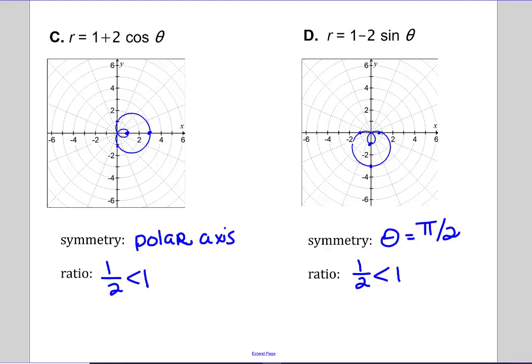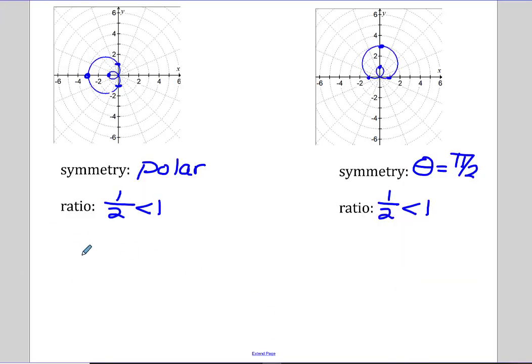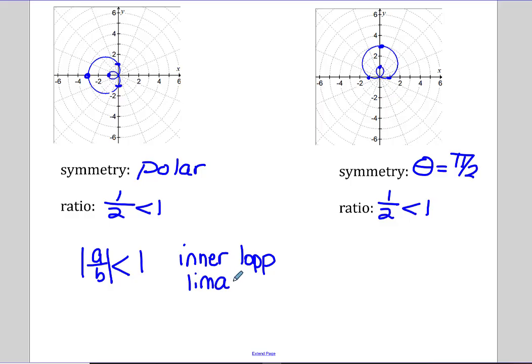So what things did we see as far as patterns go? We're going to answer this to explain the pattern. If the absolute value of the ratio is less than 1, it's going to create an inner loop, and that's called an inner loop limacon.